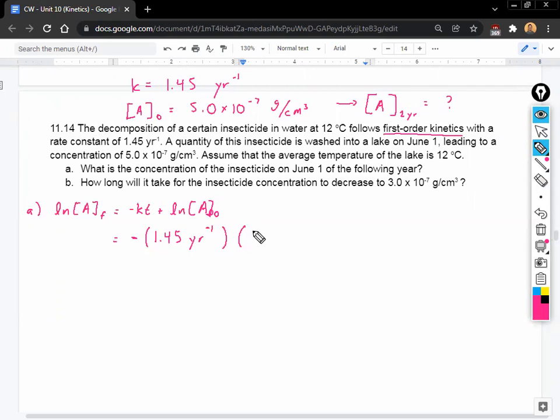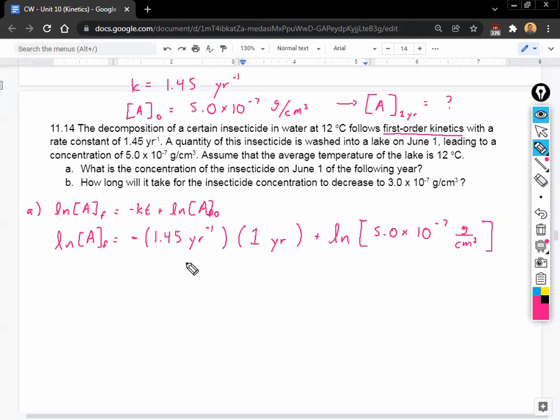The time that I'm working with is 1 year. Plus the natural log, and the initial concentration is this right here. It's going to be 5.0 times 10 to the power of negative 7 grams per centimeters cubed. Any questions so far? All I'm doing is plugging in the info that we got.